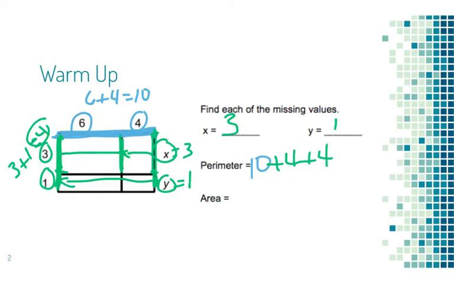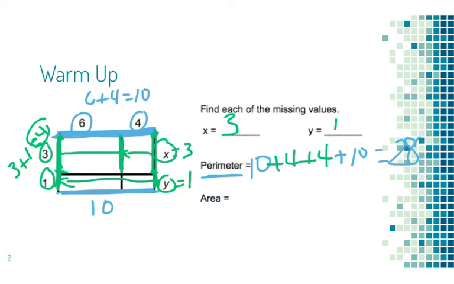And on the bottom, if the top is 10, the bottom would also be a total of 10. All right, so that gives me a total of 28. Again, I do expect you to do the perimeter, but that's not going to be the focus of this video. We are going to focus on area.